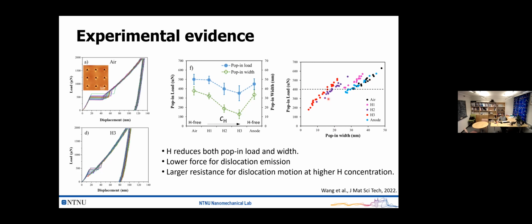So we see a lower force for dislocation emission. And also in all hydrogen cases, increasing the hydrogen concentration will introduce a larger resistance to dislocation motion or mobility. So it matches very well with the MD simulation.